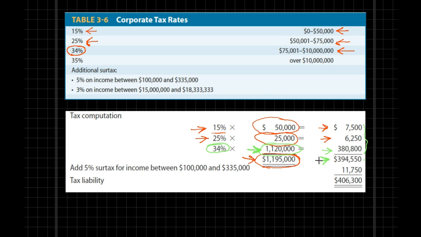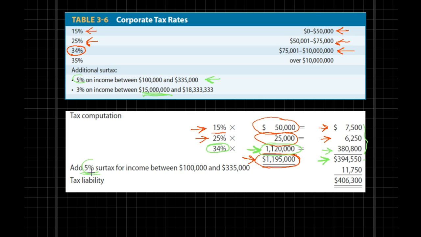But then we have to pay also a 5% surtax. And the reason for that is because our income surpasses this additional tax bracket. So that's important for us. So as a result, that 5% will apply, but not the 3%, because our income is not more than $15 million. So I hope it's clear here.